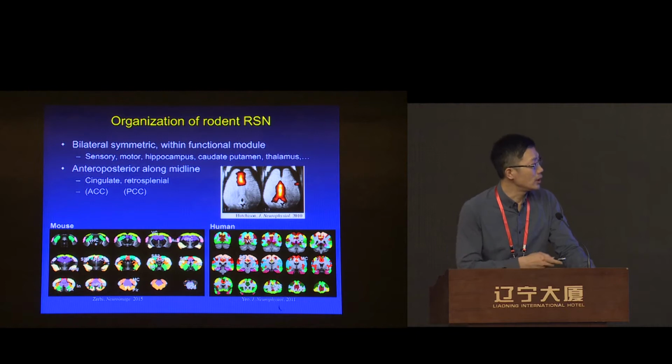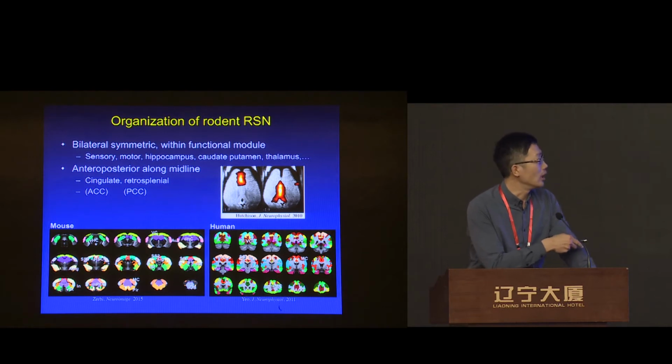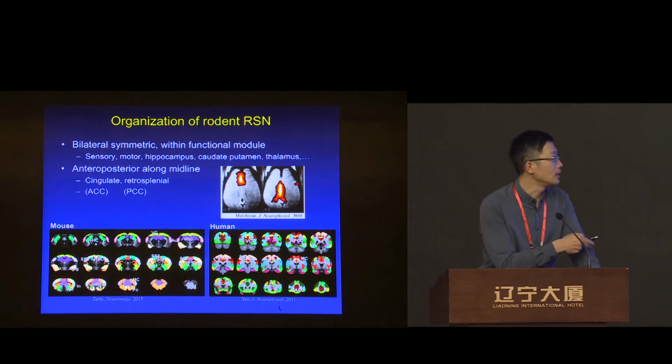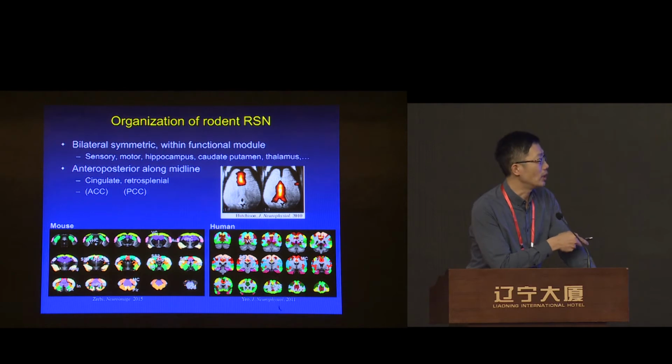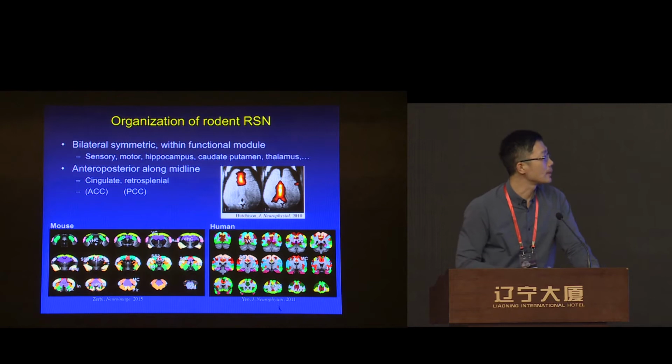Another interesting network that is probably not seen much in human is the anterior-posterior connectivity along the midline that mostly centers around the cingulate cortex and the retrosplenial cortex, which people have associated as probably analogous to the anterior cingulate and posterior cingulate in human.